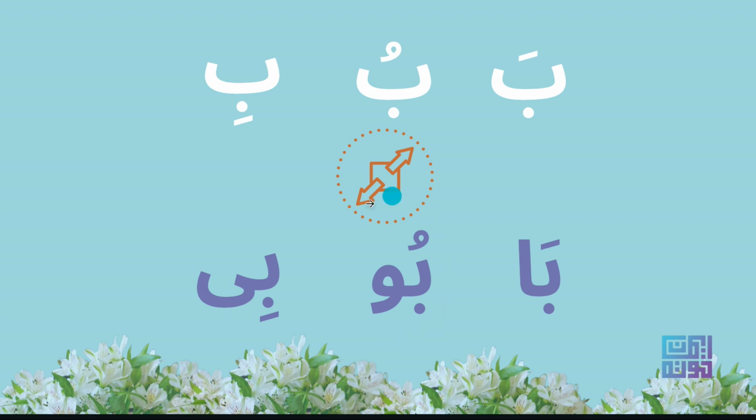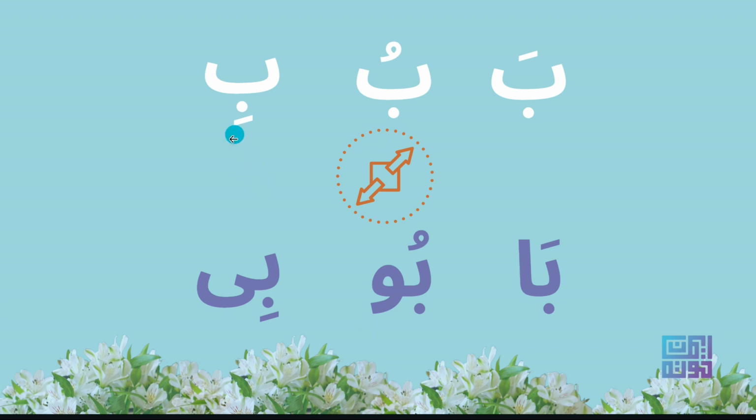If we find a waw sukoon with a dhamma letter before it, then we are going to extend the pronunciation of the dhamma letter to an extra time. This meaning, instead of saying bu, we are going to say buu.